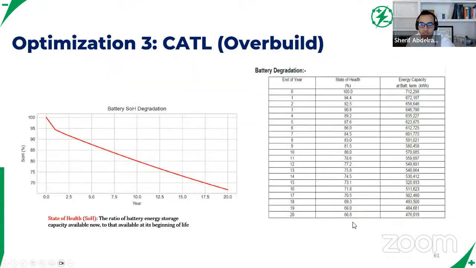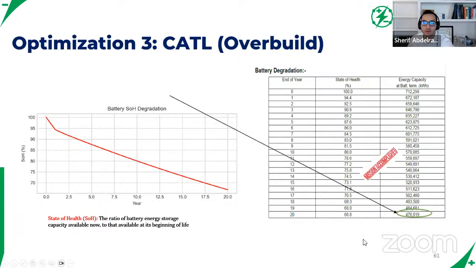So when this was simulated, you may remember these numbers from the first case we ran. We found that we needed 712 megawatt hours at beginning of life for our project to last for 20 years.